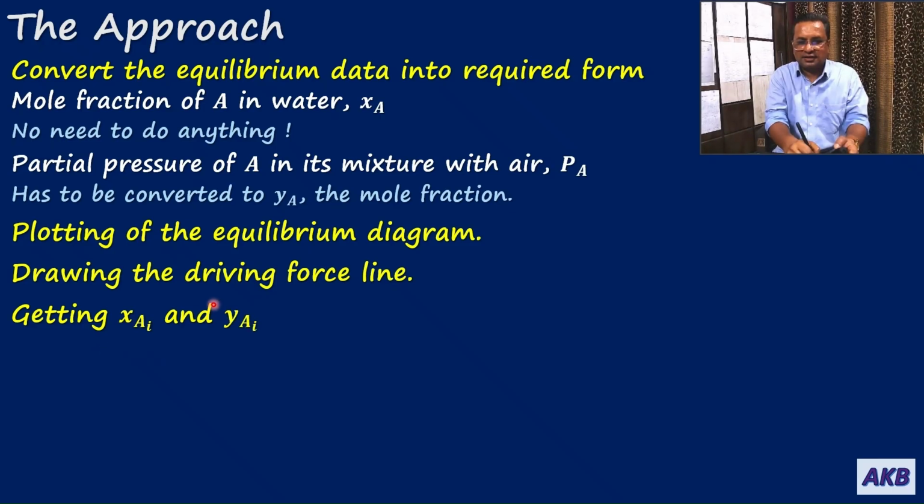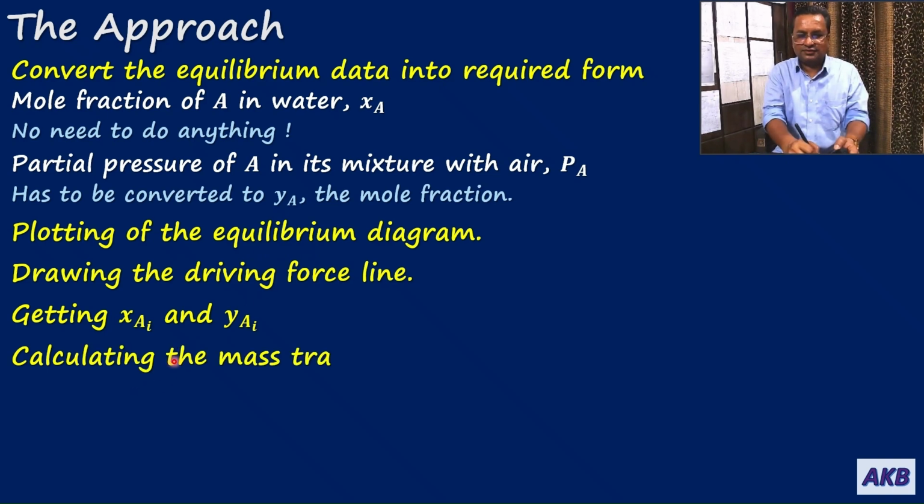After the driving force line is plotted, we will be getting Xai and Yai, because these will be the coordinates of the point of intersection between the driving force line and the equilibrium curve. And finally, we will be calculating the mass transfer flux, that is ENA.